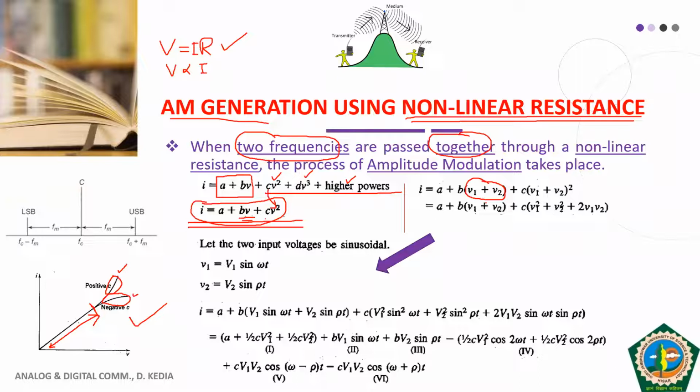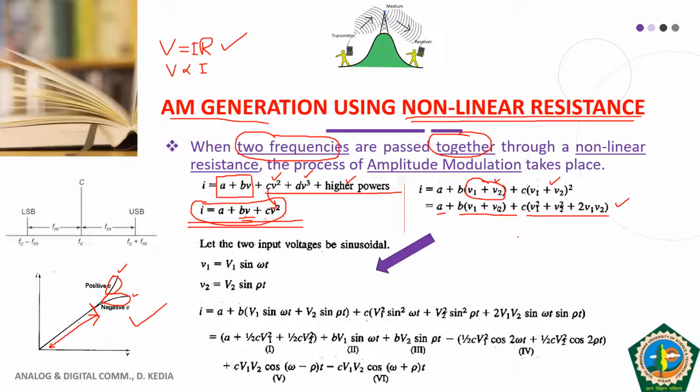So instead of V, I substitute V1 plus V2 in this equation. If I further solve it, I get I equals A plus B times V1 plus V2, plus C times V1 square plus V2 square plus 2V1V2. This is what I get if I use the summation of two voltages instead of a single voltage.